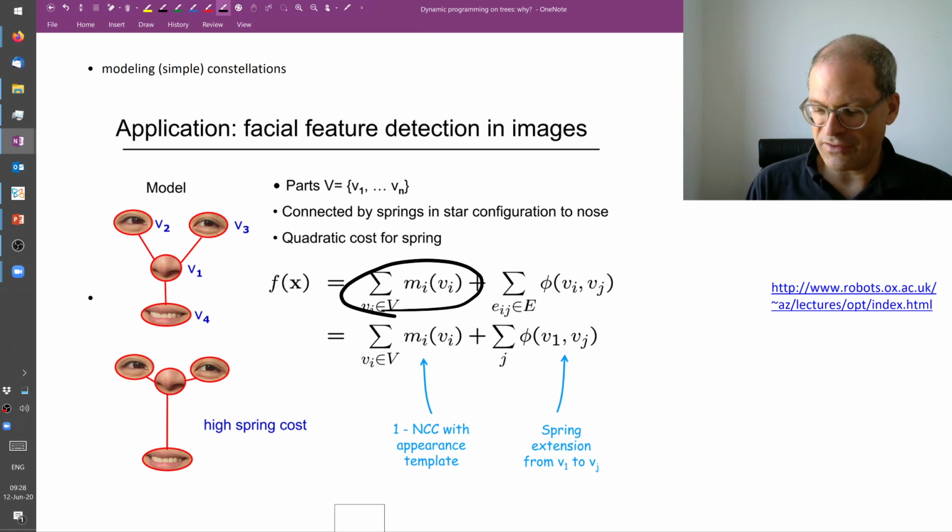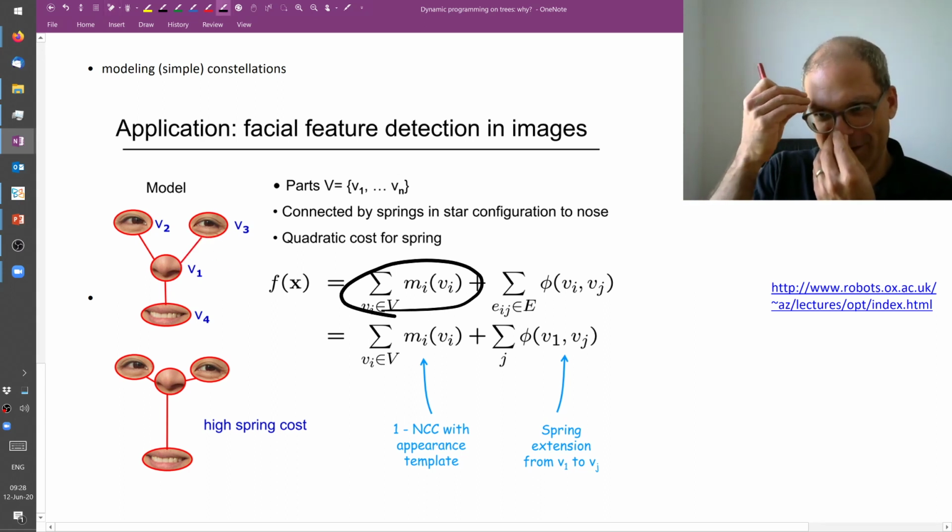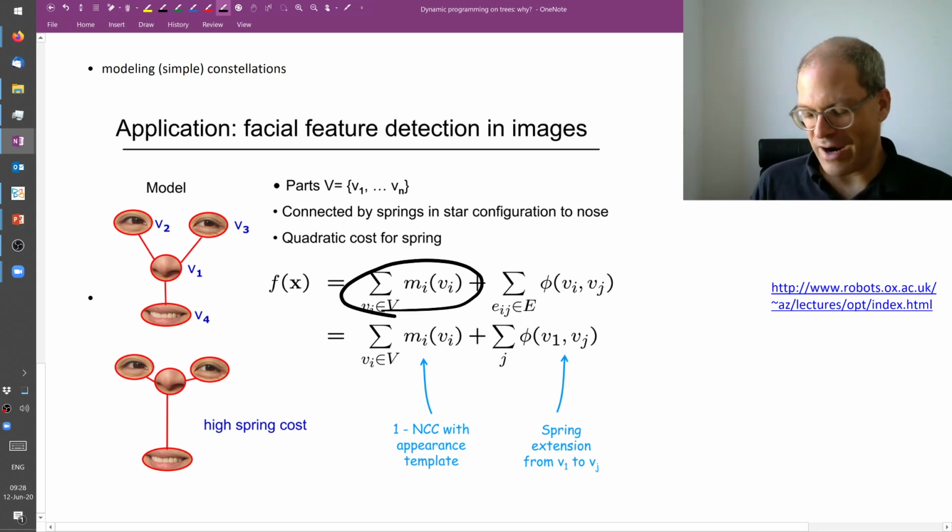placement of these parts. So in particular, what's often used here is a harmonic potential, so a spring with an equilibrium length of the expected nose tip to eye distance. And this is here a pairwise potential.